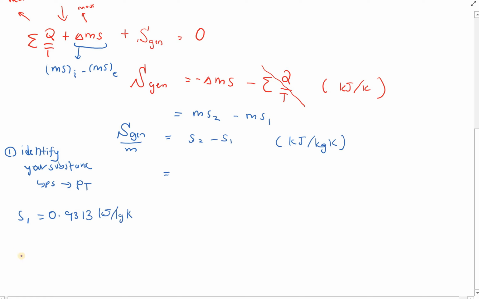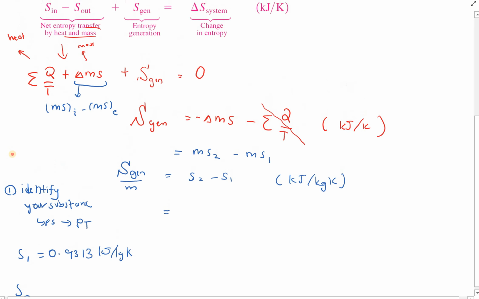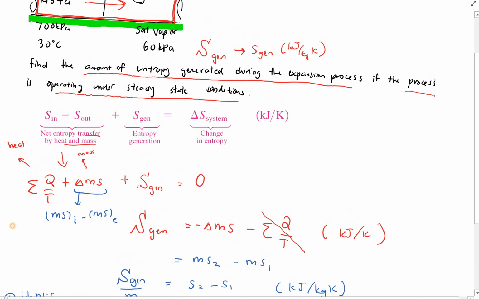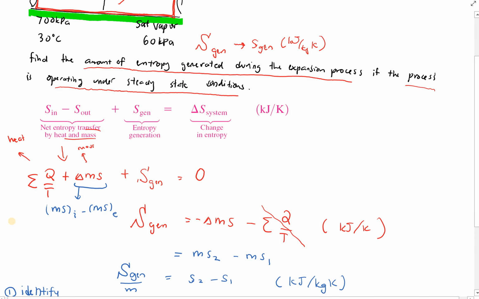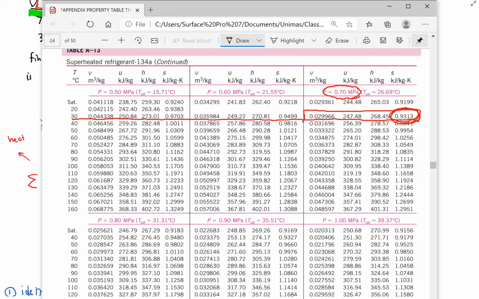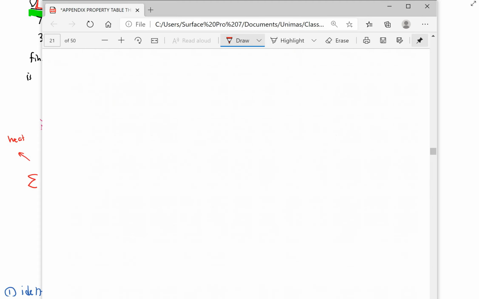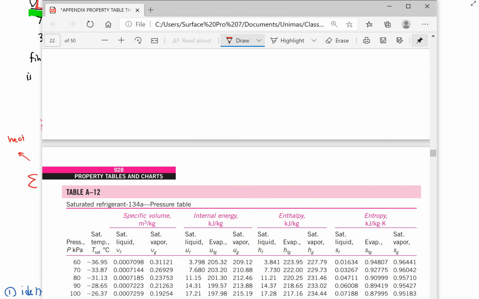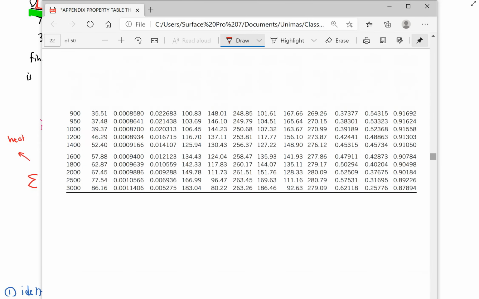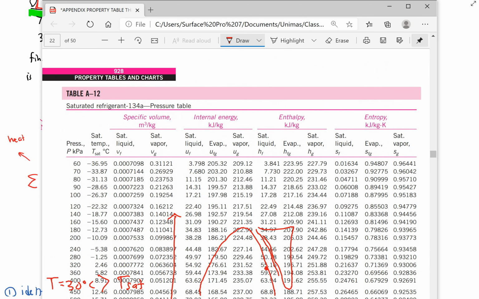We do the same thing for s2. For s2, we know that it exists as saturated vapor at 60 kilopascal. Go back to our property table there. It's saturated vapor, clearly, and the given pressure is 60.